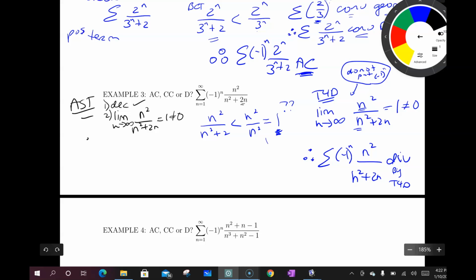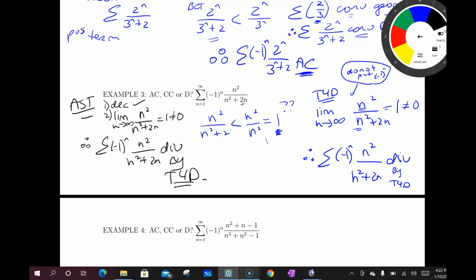That wouldn't equal 0, and so I would get the same result. Diverges by T4D, right? Not by AST, but by T4D. So there is something to trying to do AST first. Then you don't get into this weird situation, right? So we could do AST first, and then after that go check to see what the positive part does.